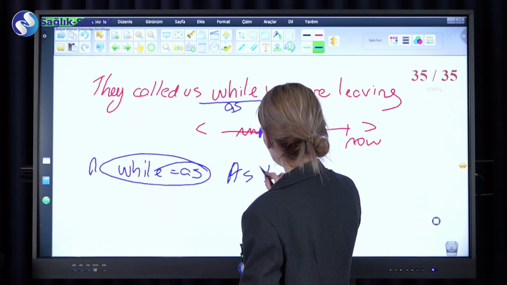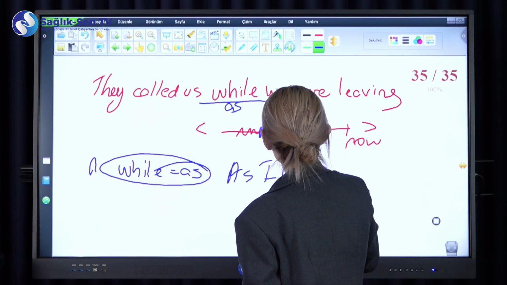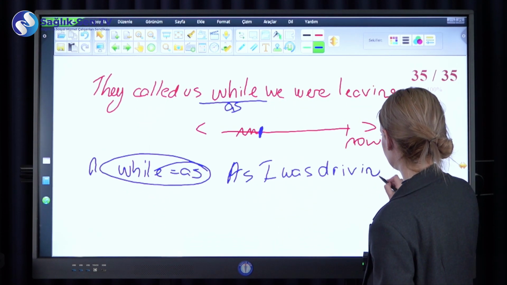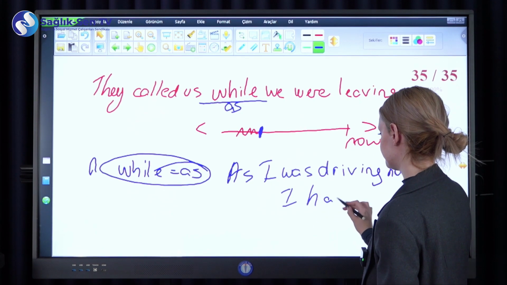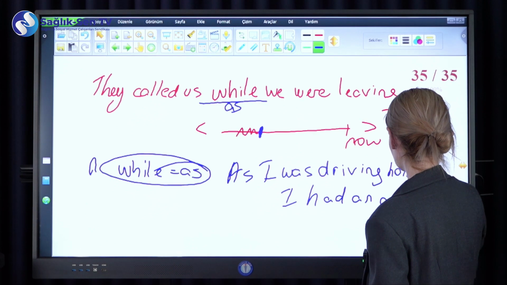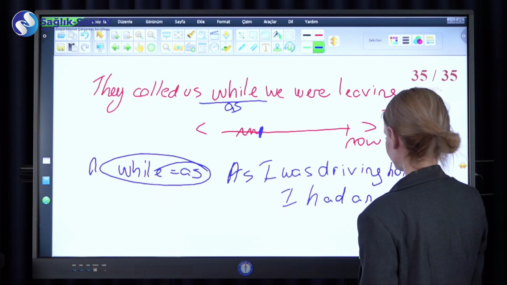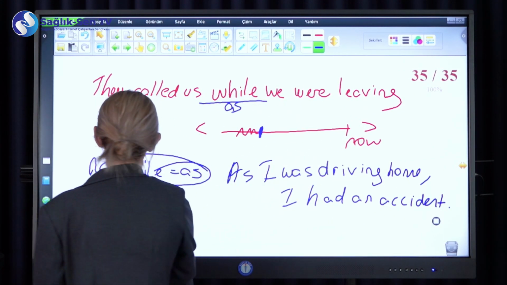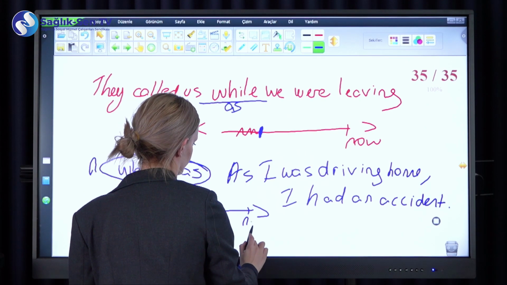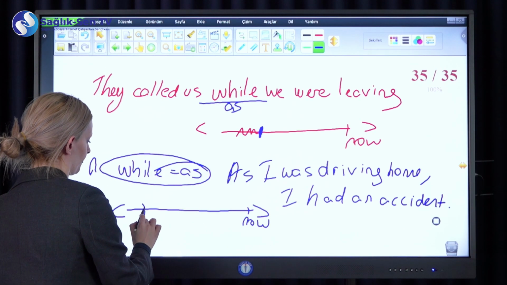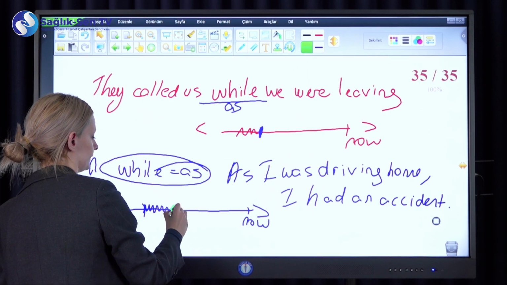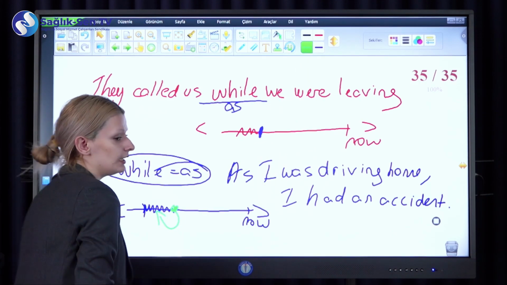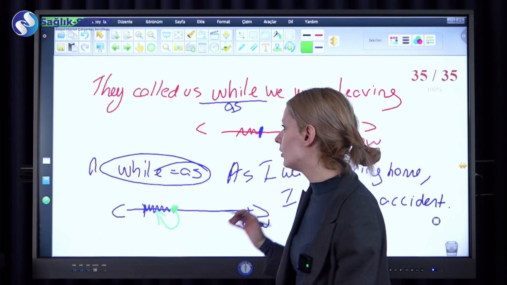As I was driving home, I had an accident. Here, I was driving home, and here, I had an accident. The short action interrupted the long action.